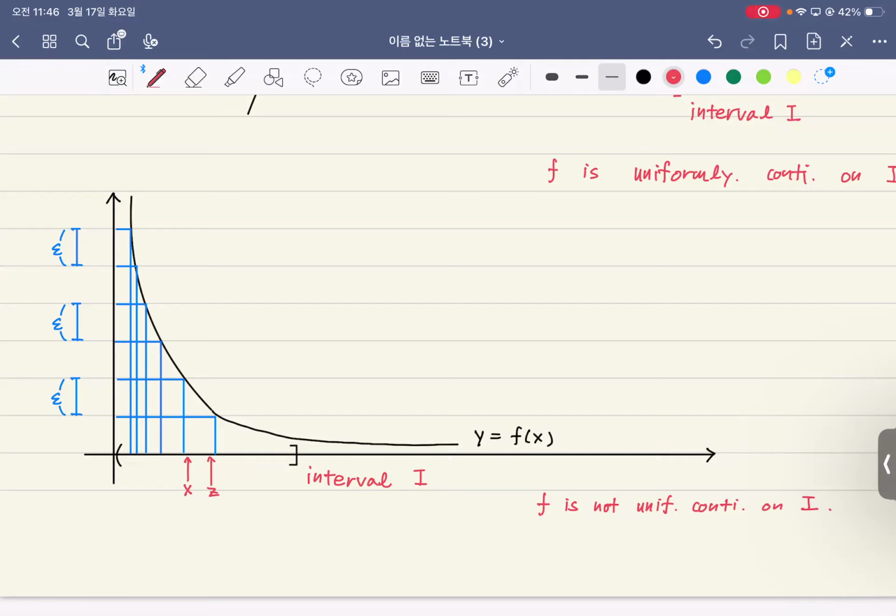So I can say this function is continuous at every point in the interval I. That is a true proposition. However, even though the function is continuous everywhere on this interval, this function fails to be uniformly continuous on the interval.